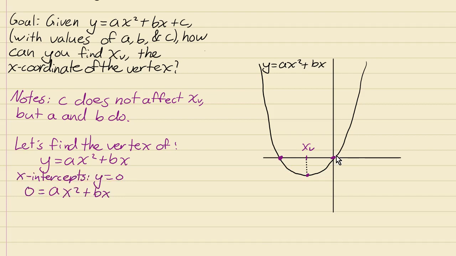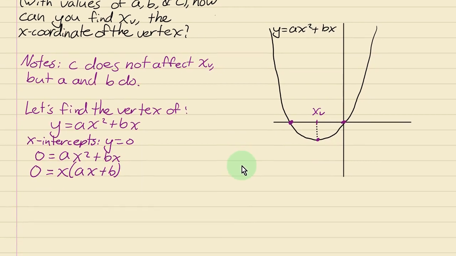To find those x-intercepts, I'm going to plug in y equals 0, and you get an equation that looks like this. If you want to solve this equation, we could take out a common factor of x and rewrite it as x times (ax plus b), and then see what the values of x are that make each of these factors equal to 0.